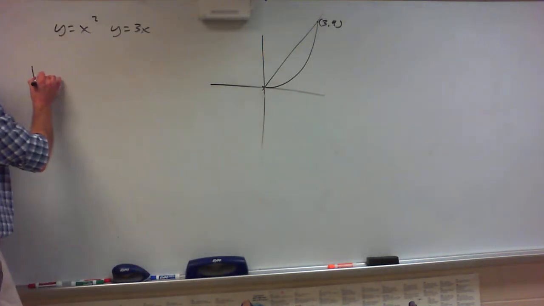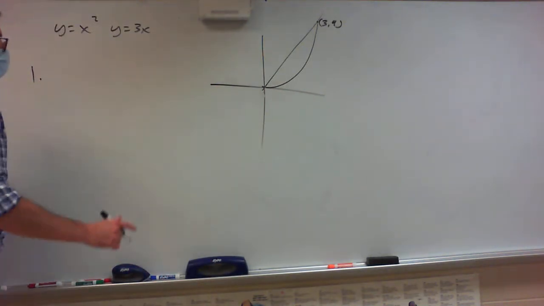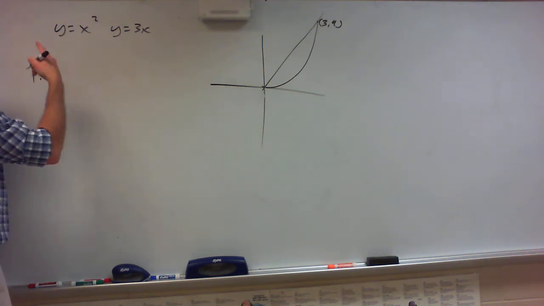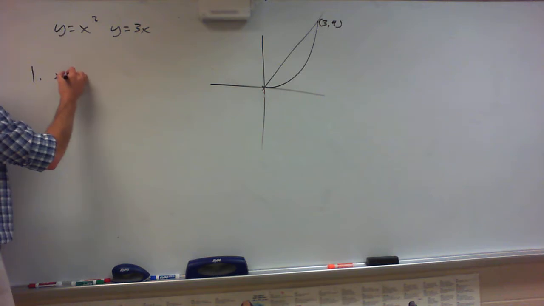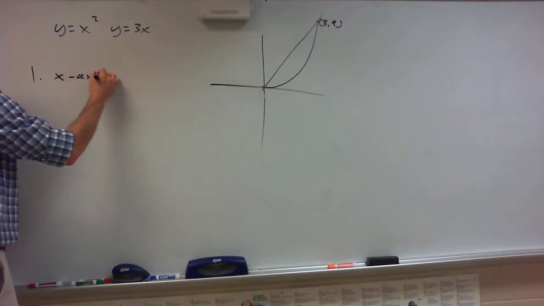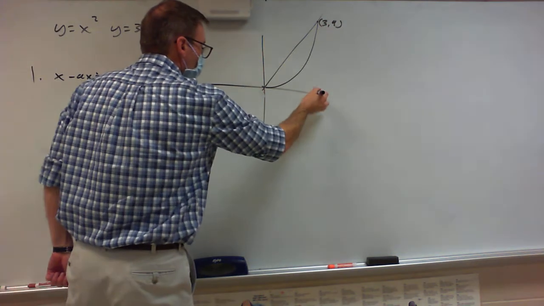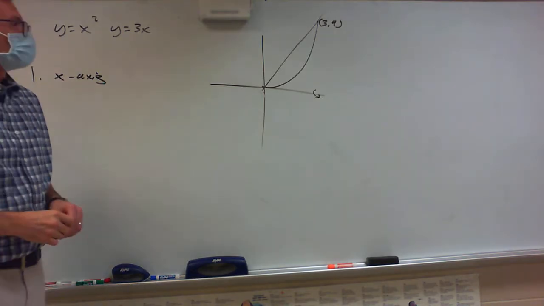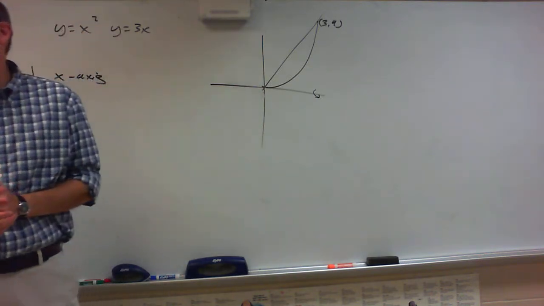And so question 1. I am interested in taking this region and we're going to revolve it, or rotate it, around the x-axis. So am I going to have a vertical rectangle or a horizontal rectangle?